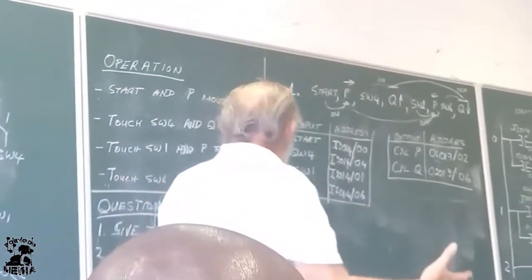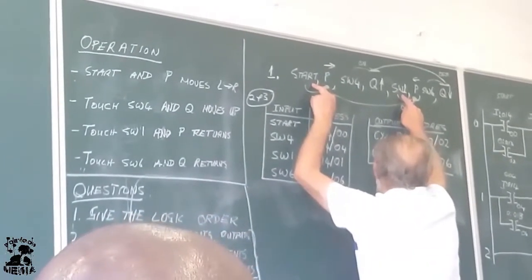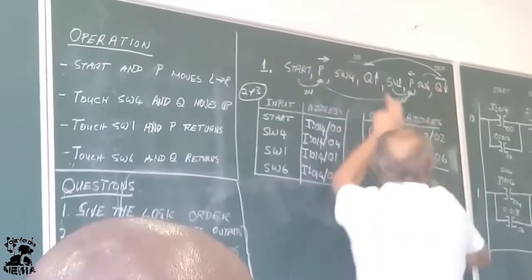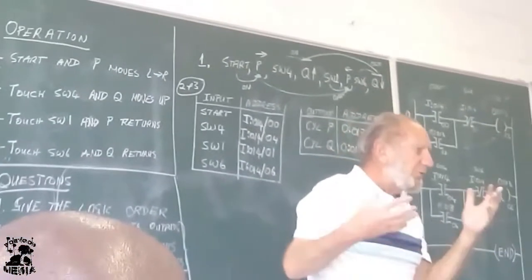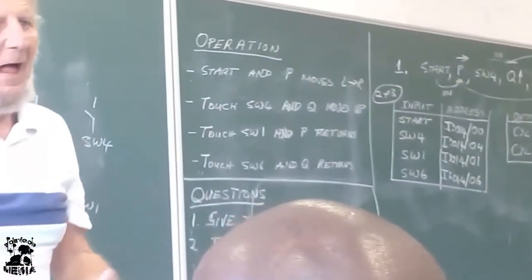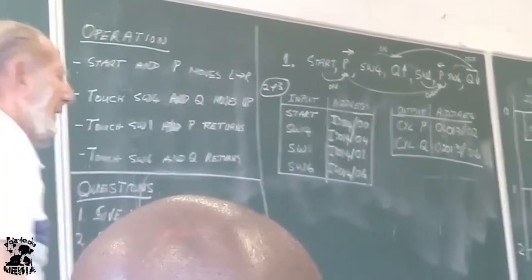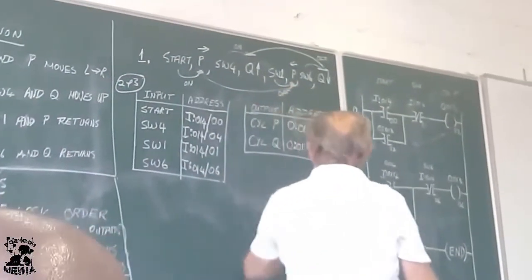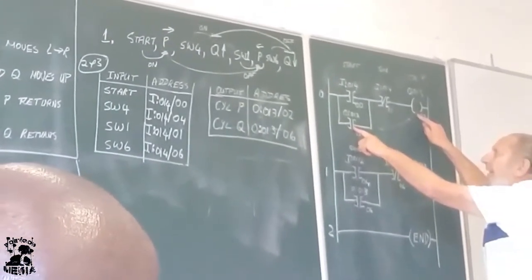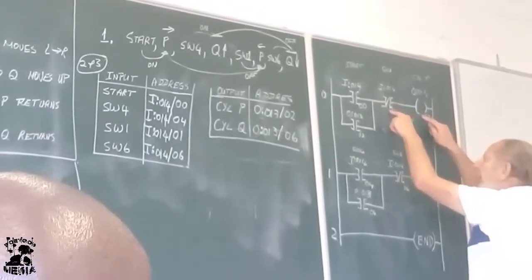To do the design for P, I check what puts the power on, what removes the power. To do the design for Q, what puts the power on, what removes the power. That is 2 latches. So you just draw the 2 latches. And now you must transfer the values correctly. So if you are designing P, that is the address of P. Then, that is what puts the power on, what puts the power off.